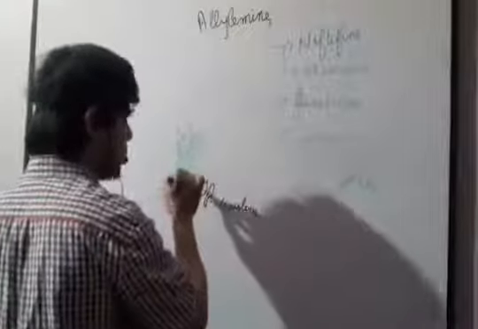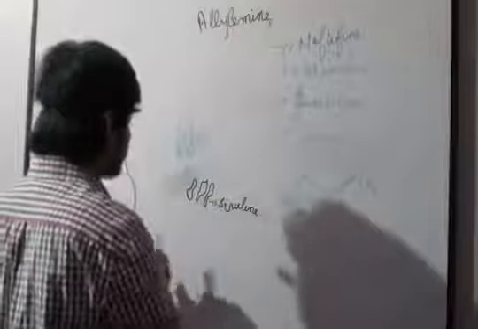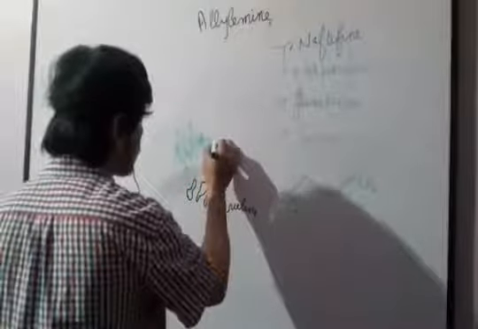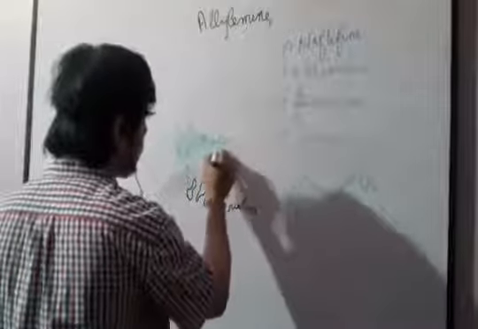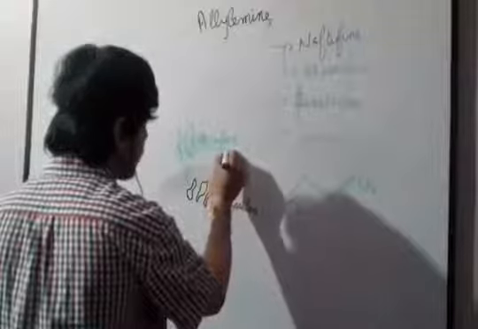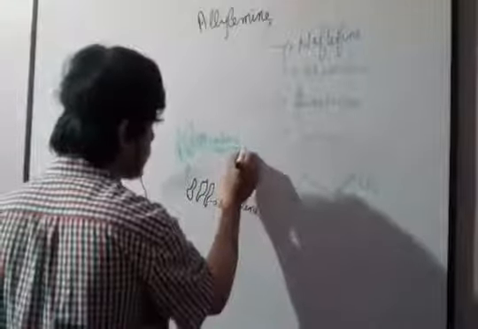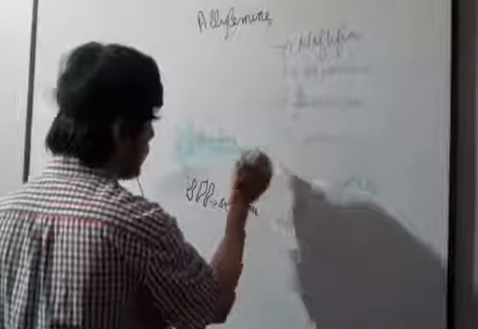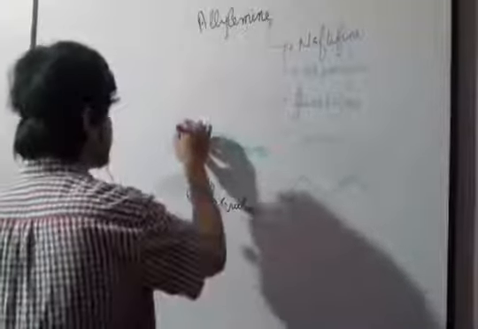Let's suppose this is the enzyme. We call it squalene monooxygenase. Once they pass through the squalene monooxygenase enzyme, then we get what?